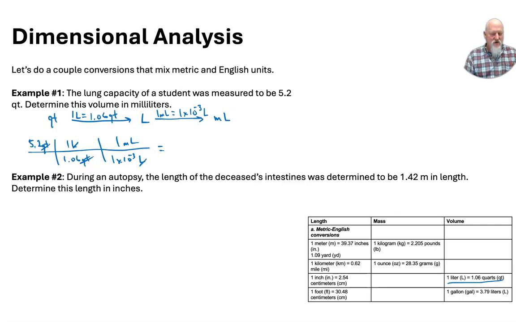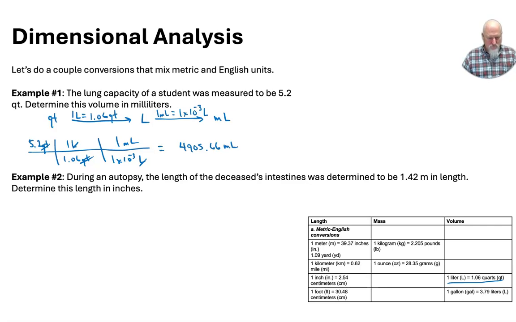Okay, so dividing by both of these because they're both in the denominator, 5.2 divided by 1.06 divided by 1 times 10 to the negative 3 gives me 4,905.66 milliliters.